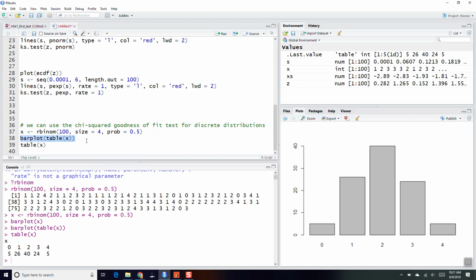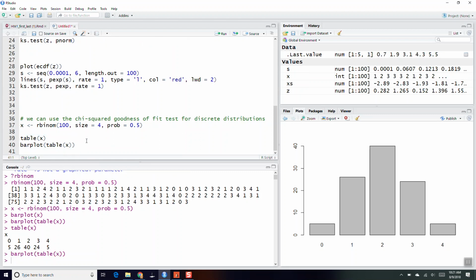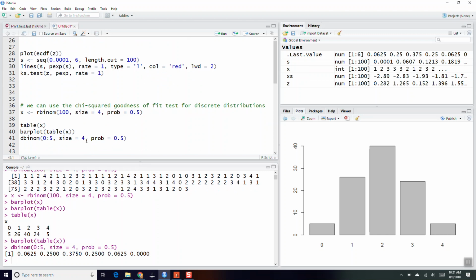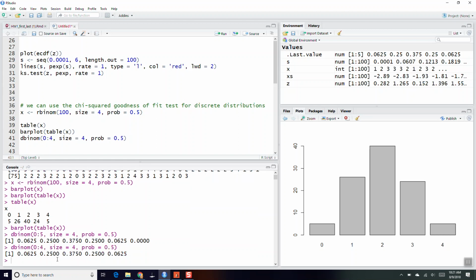And we can compare this to dbinom from 0 through 4, size equals 4, probability equals 0.5. According to the rules of probability, we should get 0 6 times, 1 25 times, 2 37.5 times, and stuff like that.